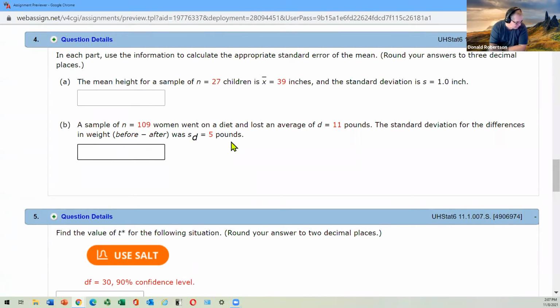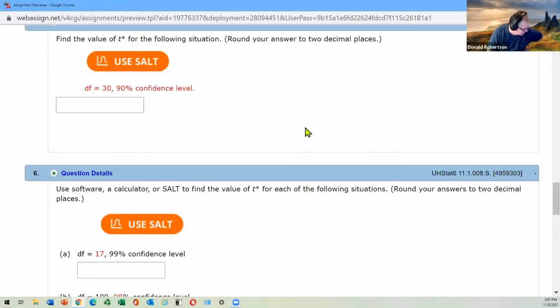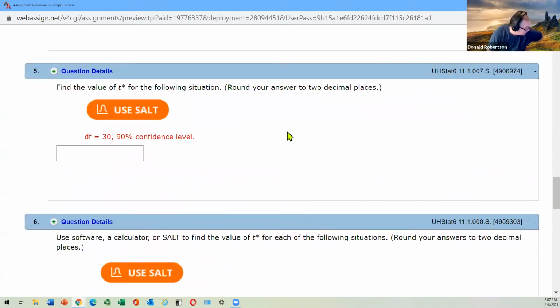And in this second question, the standard deviation of the difference is 5, so that's 5 divided by that square root. So standard error is standard deviation divided by the square root of the sample size. And there are different versions of what the sample might look like. With a bit of luck, I'll get this one done.